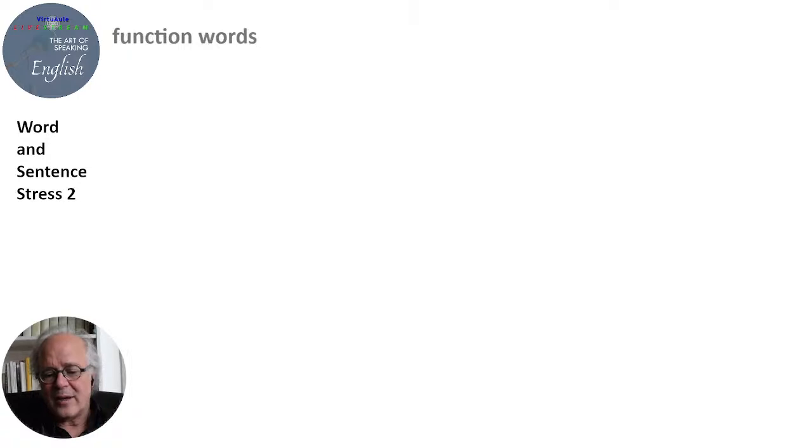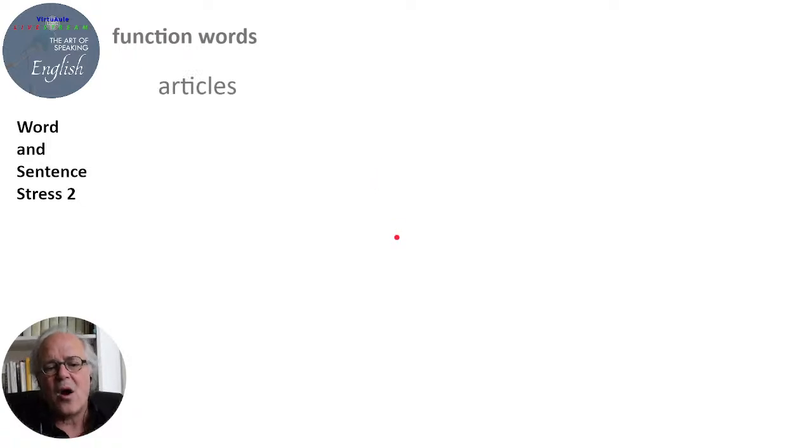If we look at what are called function words, you'll see that these are words that are making the sentence work grammatically. They function grammatically. So these are pronounced a little bit differently. It's important that you recognize the function words.